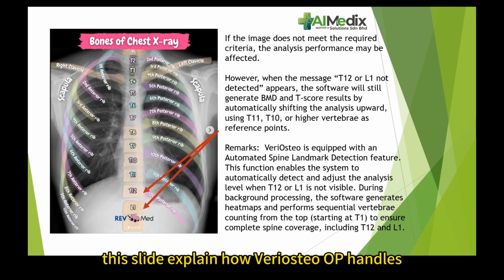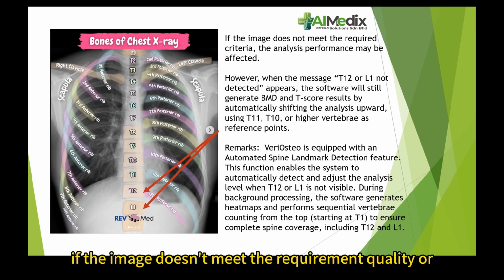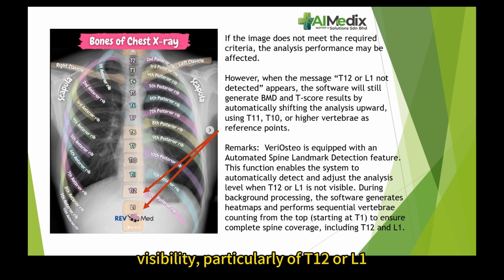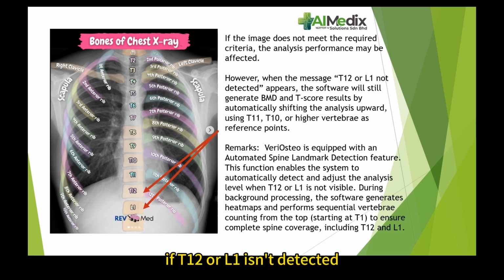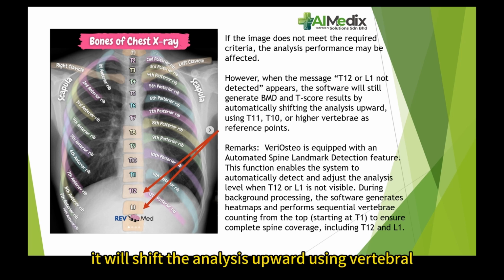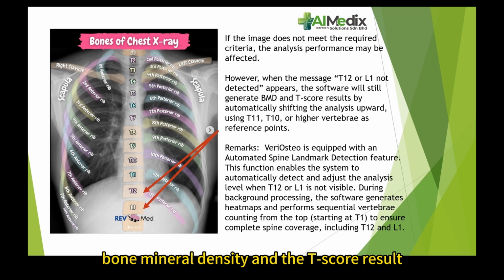This slide explains how Veriosteo handles spinal landmark detection in chest X-ray. If the image doesn't meet the required quality or visibility, particularly of T12 or L1, the analysis may be affected. However, the system is designed to automatically adjust. If T12 or L1 isn't detected, it will shift the analysis upward using vertebrae like T11 or T10 instead to still generate reliable bone mineral density and T-score results.